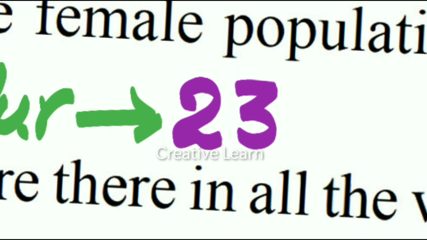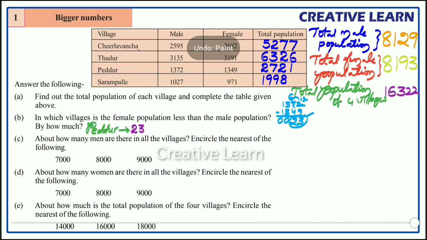Next, move to Sarampalli village. In this village, male population is 1027 and female population is 971. So here also the female population is less than the male population. By how much?